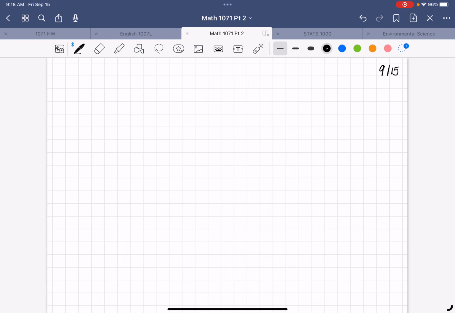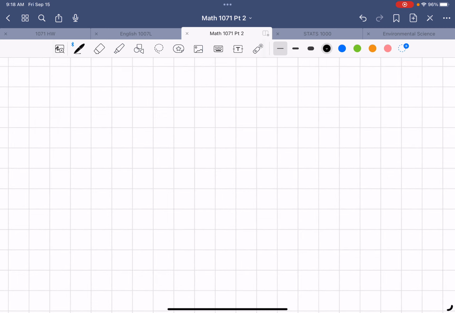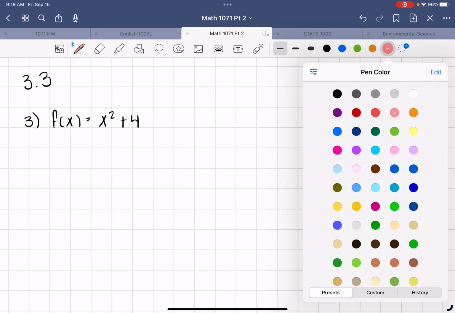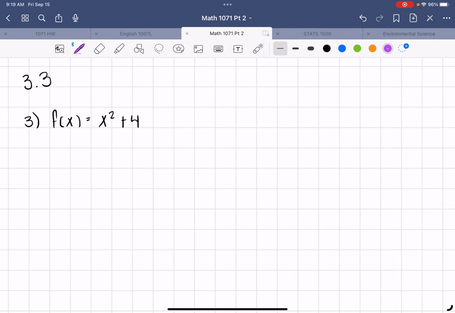So here our f of x is x squared plus 4. The real reason we're doing this is to come up with these patterns, these shortcuts, that from now on, after chapter 3, we can fall back on. And in fact we did one of these the other day, and I did point this out to you.